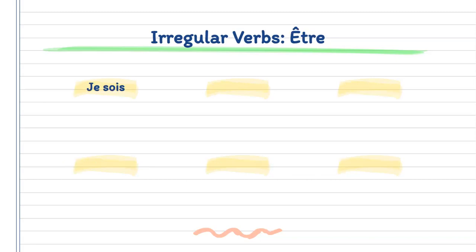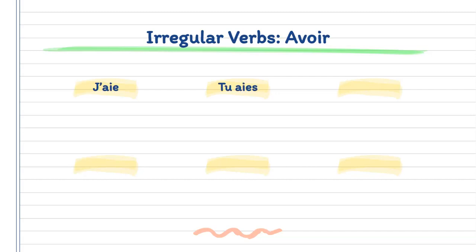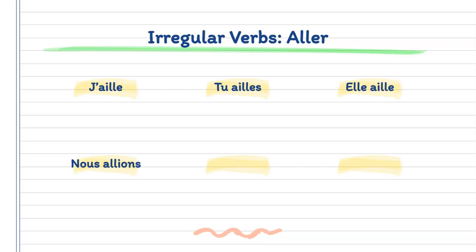For être, je sois, tu sois, elle soit, nous soyons, vous soyez, il soit. For avoir, j'aie, tu aies, elle ait, nous ayons, vous ayez, ils aient.